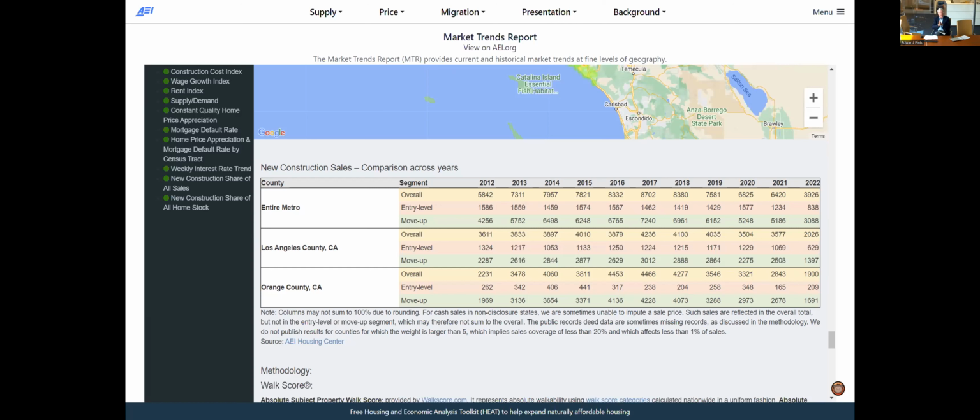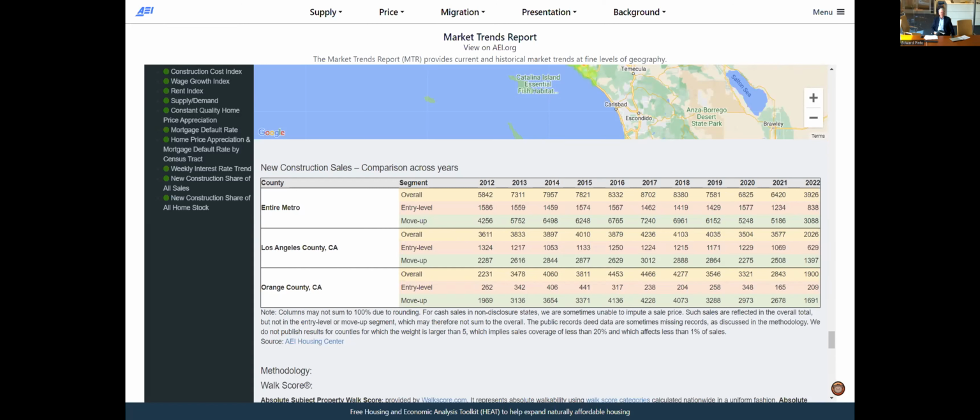Spoiler alert, in terms of single family detached new construction that occurs in LA, well over half of it, about 65% of it, are teardowns that are replaced by McMansions. So they're not actually adding any units.